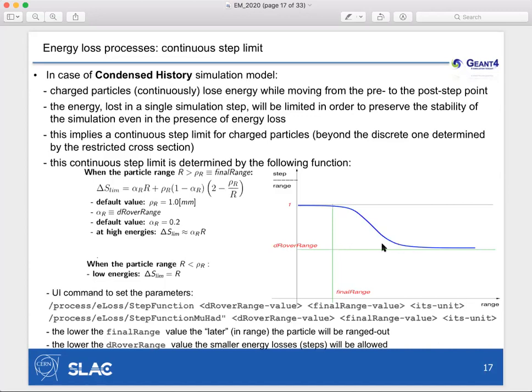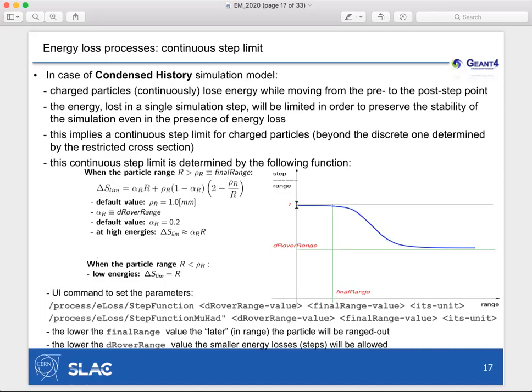So what's happening is that when the energy goes down and the range is getting shorter and shorter, the function makes sure that we are approaching the range with this step limit. So at the end, the continuous limit will let the particle go to the range, and if there is no other discrete interaction and no boundary that would stop the particle before this range in this last step, then the particle will reach its final position and deposit all the energy eventually.